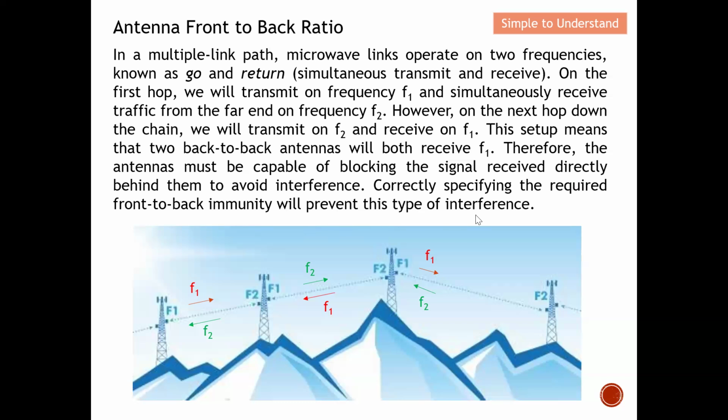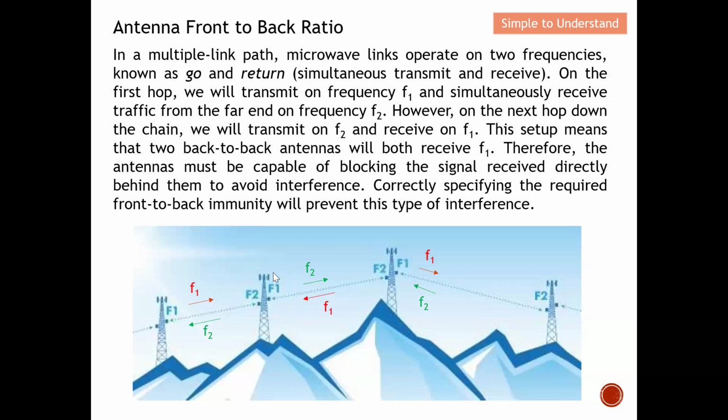This is what I discussed earlier. I need a front-to-back ratio so as to cancel anything that does not belong to the antenna. Like I mentioned earlier, the antenna on the left just wants to receive this F1, not this F1. So with a high front-to-back ratio, I will be able to cancel this F1.